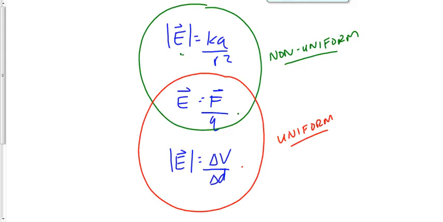As long as we have an experiencer, it doesn't matter what kind of field we have, whether it's a uniform field or a non-uniform field. It doesn't matter whether we have this with an experiencer somewhere in there, or whether we have this with an experiencer somewhere in there. That middle equation is valid in any situation where we have an electric field, as long as we have something to experience that electric field.